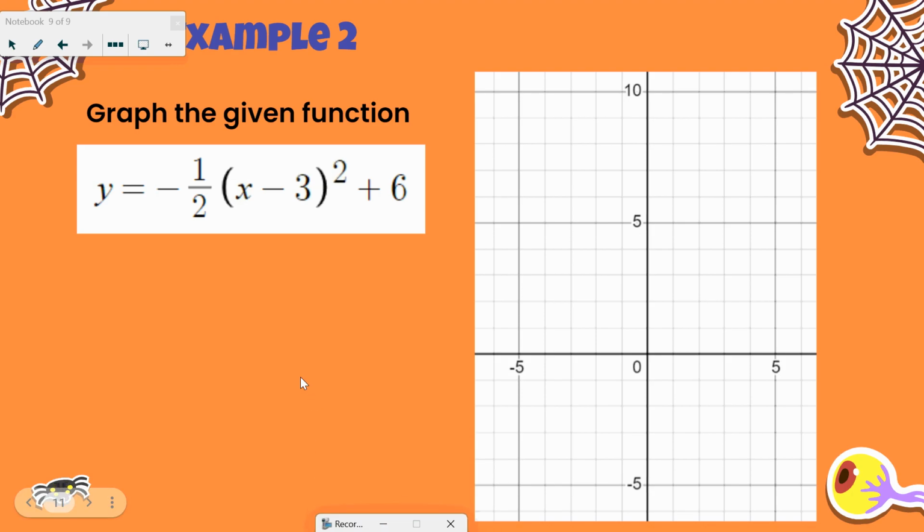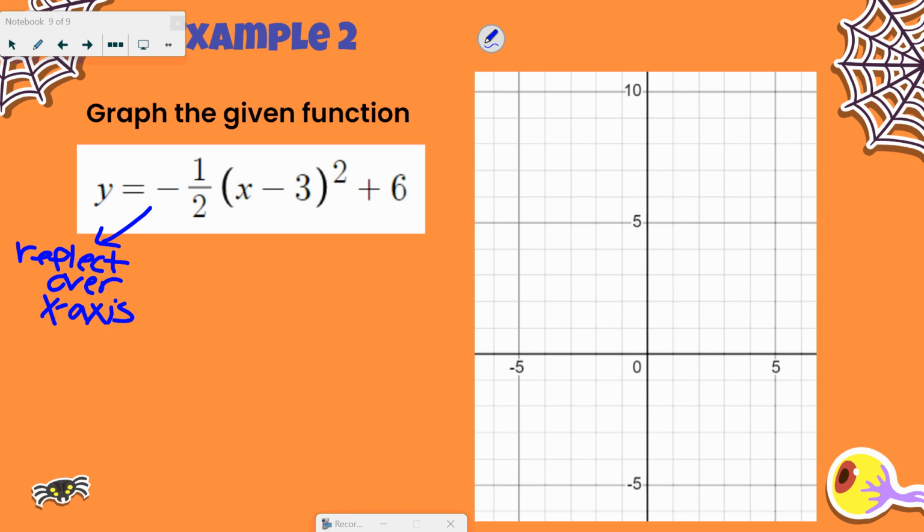All right, guys, so what are the transformations you see from our equation here? Good job. We reflect over x. We have this negative out in front.